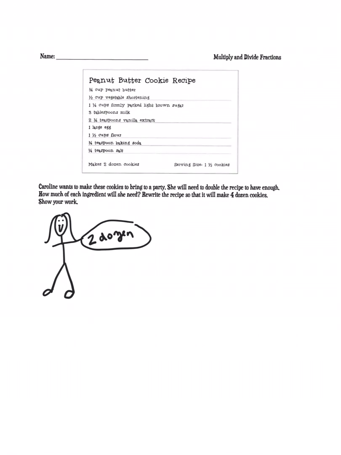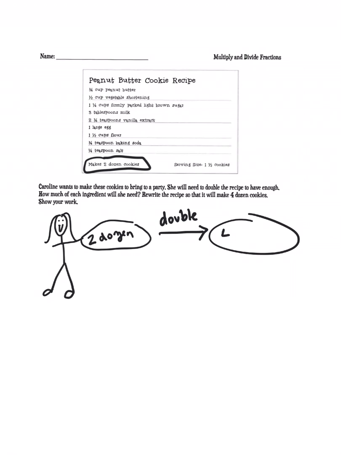Now compare your picture to my picture, and let's see if we're missing anything. Here we have Caroline, and she has made a big platter with 2 dozen cookies on it. I know that because the original recipe makes 24 cookies, or 2 dozen. But she actually wants to double this recipe so that she can end up with 4 dozen cookies.